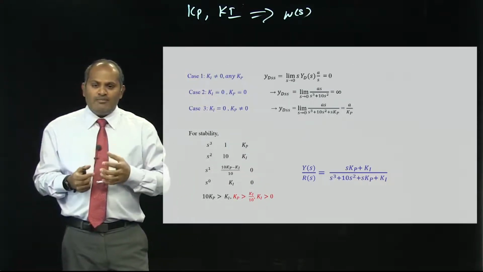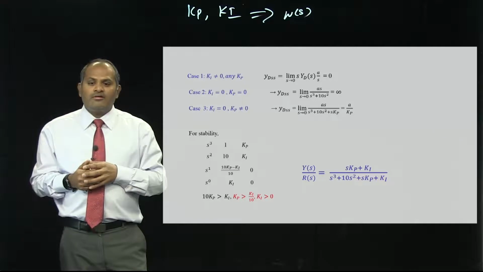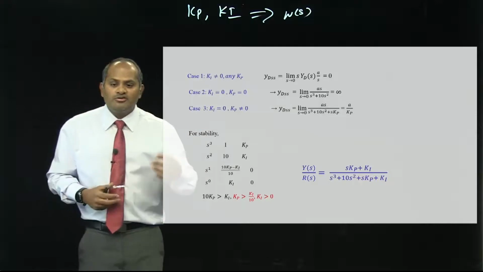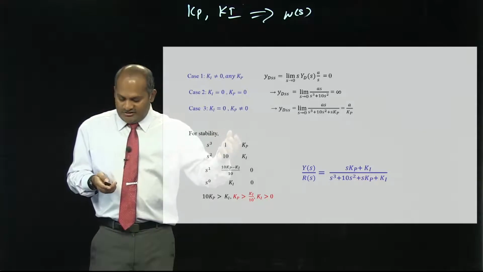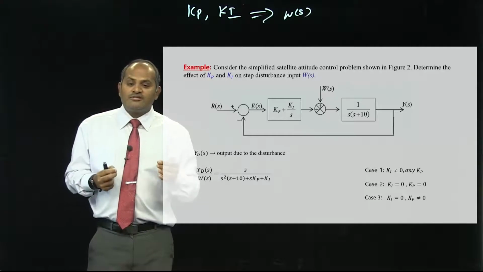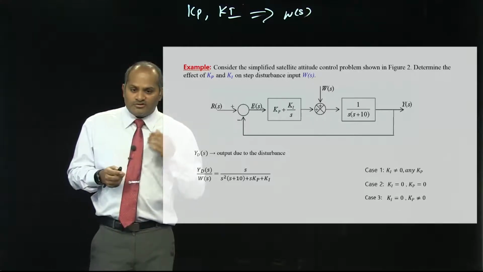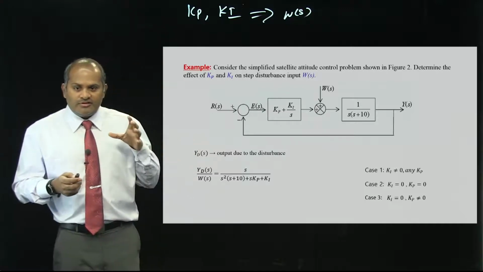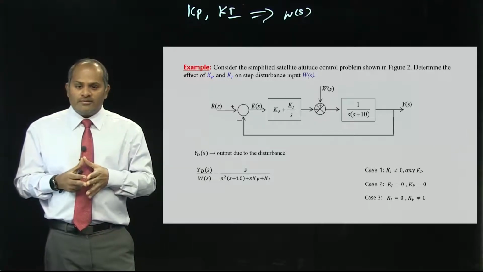The main purpose of learning this analysis is that in real systems, when you take a motor or an elevator or any model, you want to ensure that the steady state errors are 0, and if there are any disturbances coming into the system, you would like the effect of the disturbance to be very small or reduced to 0. In this way we can make a good design. That is why steady state errors are very important in many control design problems.